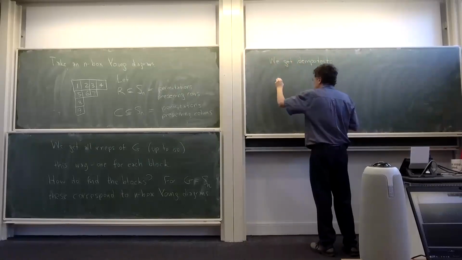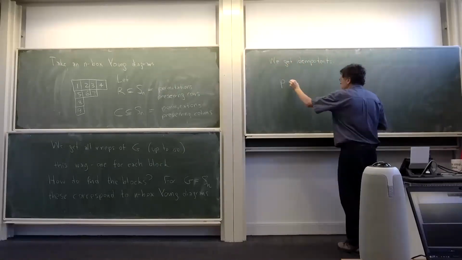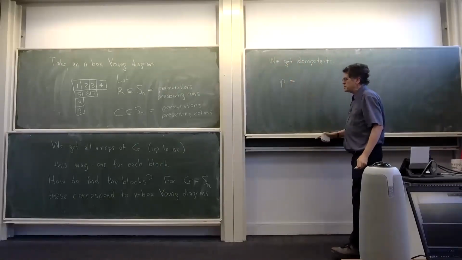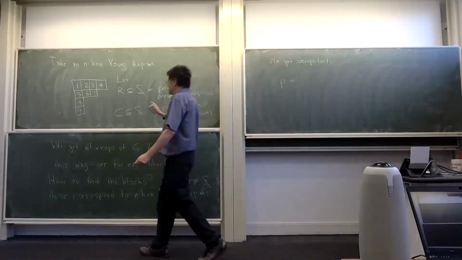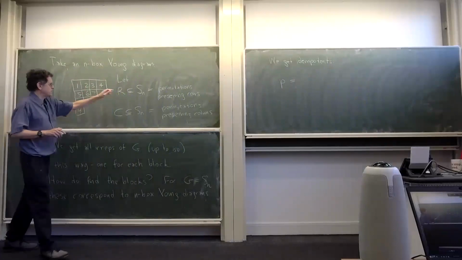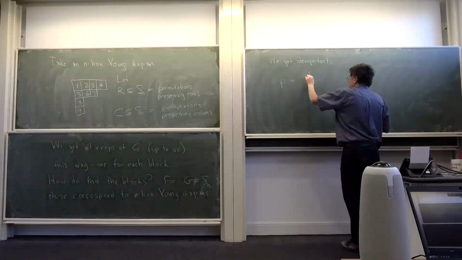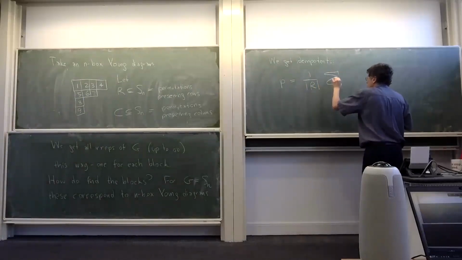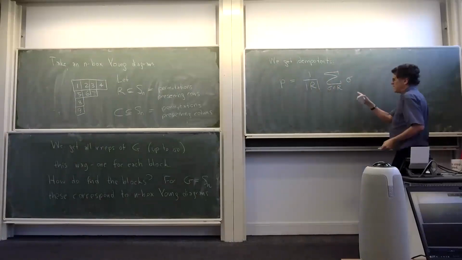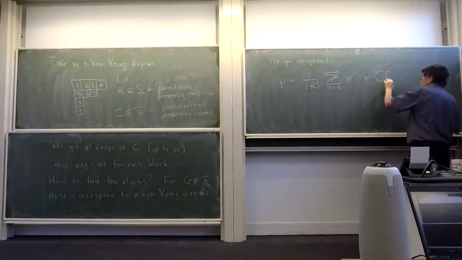For one of them, I'll just call P. It depends on which Young diagram we pick. What we do is symmetrize over all rows. That is, we consider all possible permutations in R, we sum over them, and then we divide by the number of them. This sum makes sense in the group algebra.